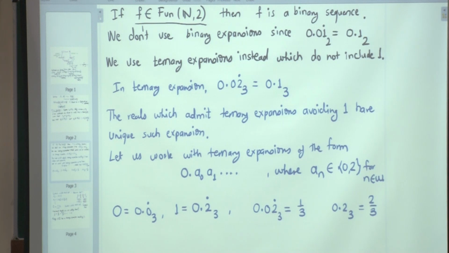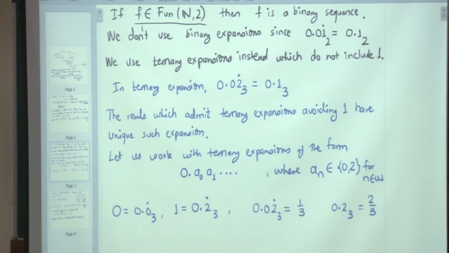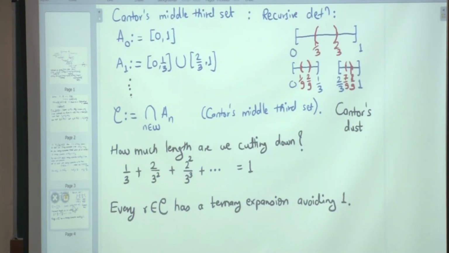Sir, but C is just a set of 0 and 1? C is not a set of just 0 and 1. We have not cut down the whole length. The 1/3 will always be there in this set.